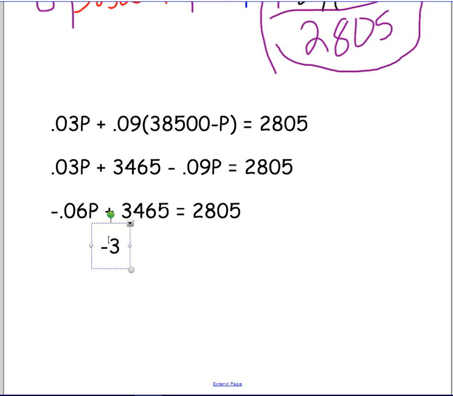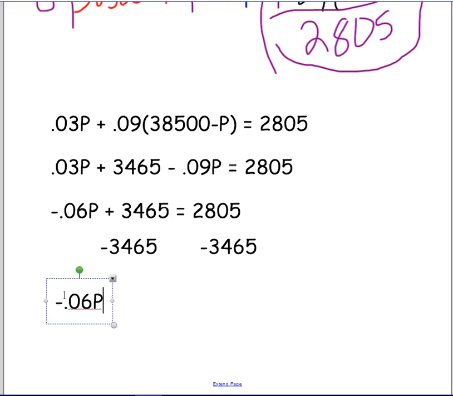So I'll put minus 3465 here, and minus 3465 here. And so we get negative 0.06p equals negative 660. And we divide both sides by negative 0.06 to get p by itself.